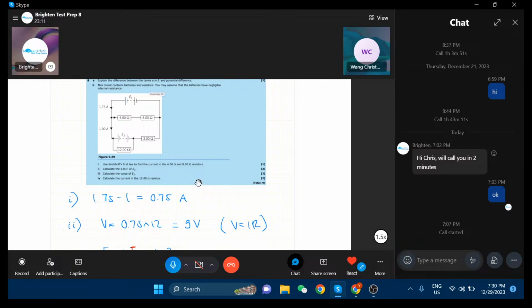When you look at it, is that making sense? I think so, because the E1 and E2 have opposite direction. Yeah, good one.